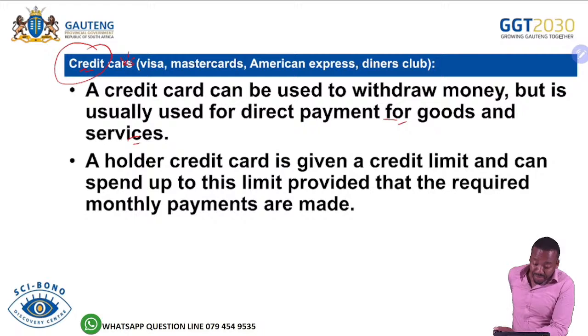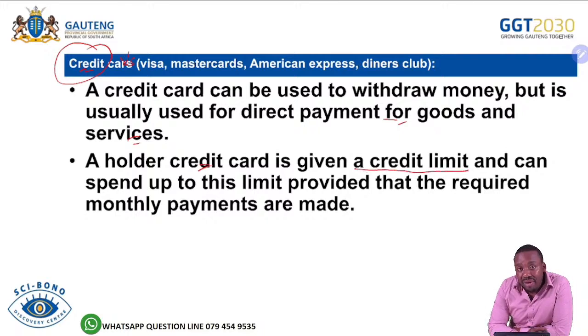Remember those visuals that I was showing you when we started the lesson. A credit holder, here we're talking about a person owning the card, is given a credit limit. Maybe 60,000, 50,000, 20,000, 10,000 or 1,000, depending obviously on your salary or how much money you have on your credit score.